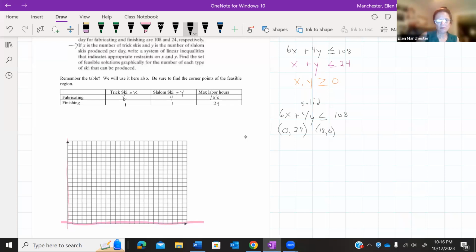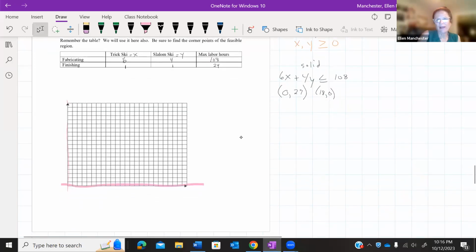Okay, so I'm going to come here and graph that. So I have 27 is my y and 18 is my x. So if I do it by 2s, 2, 4, 6, 8, 10, 12, 14, 16, 18. So there's my 18. And 2, 4, 6, 8, 10, 12, 14, 16, 18, 20, 22, 24, 26, 28.